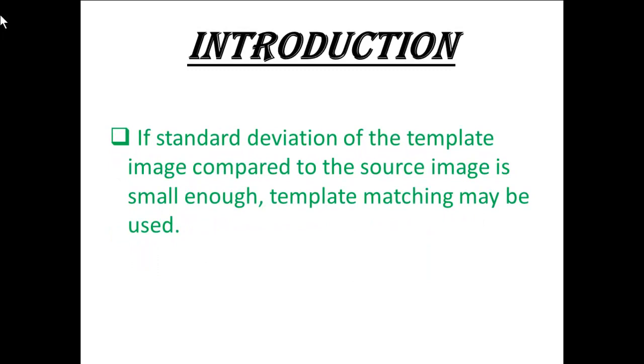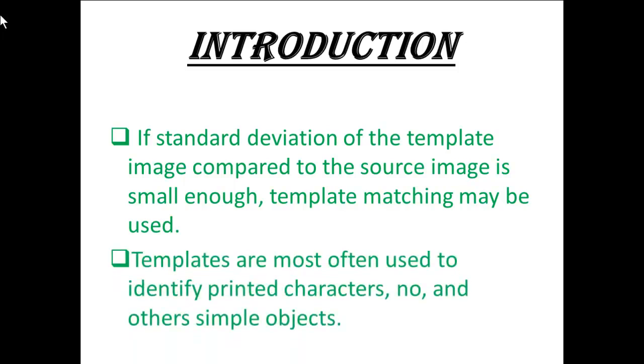If the standard deviation of the template image compared to the source image is small enough, template matching may be used. Templates are most often used to identify printed characters, numbers, and other simple objects.